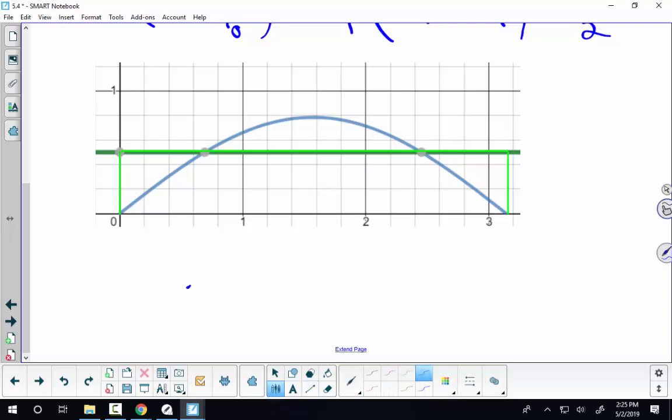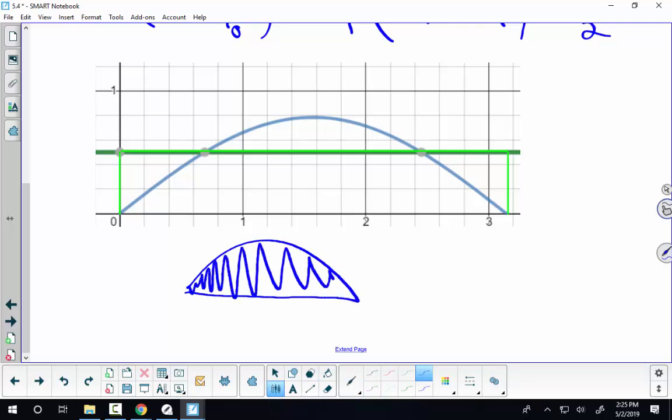So I'll just draw that here. We have this area is equal to this area.